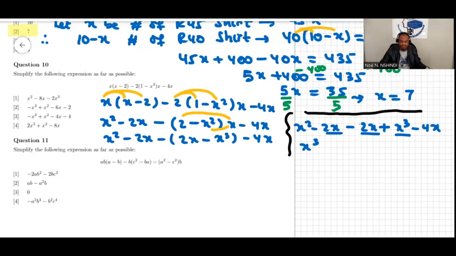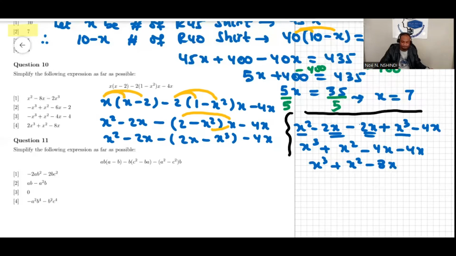Before them we have x squared there, so plus x squared, and then -2x and -2x there make -4x, and then minus 4x there, that makes x cubed plus x squared minus 8x.